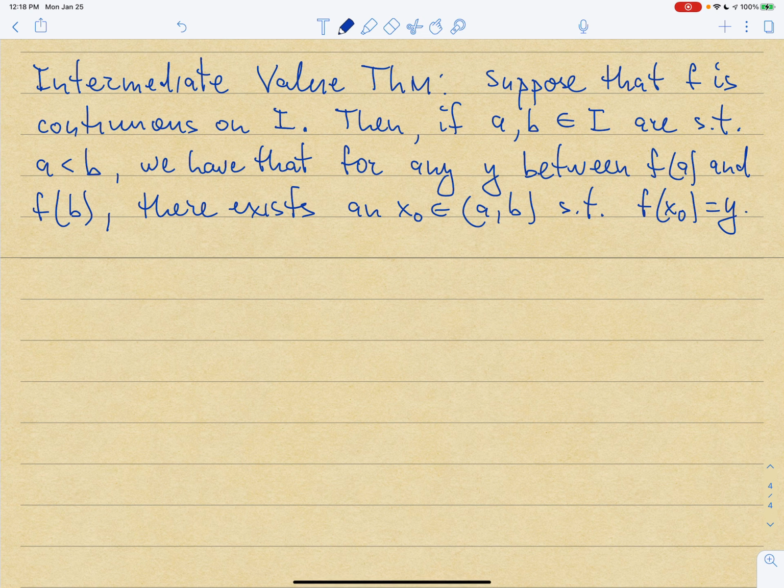Okay. Let's try to prove this. So let's suppose that f is continuous on I, and a and b are two points inside I, where a is smaller than b.